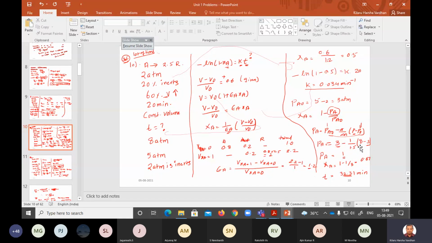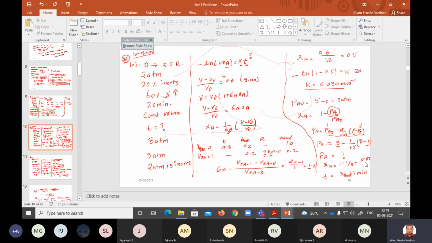So 3 minus 1.5 into 8 minus 5. If you do that, PA is 1. The final pressure exerted by A is 1. Now you substitute in this: XA is 1 minus PA by PA naught, which is 1 by 3, therefore 0.67.